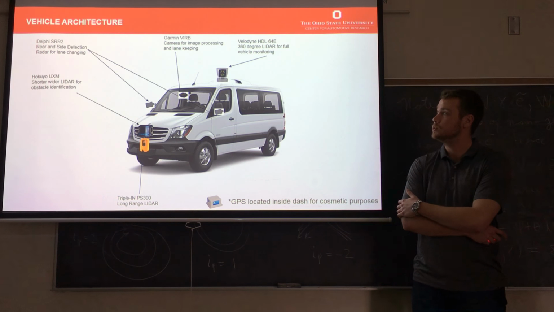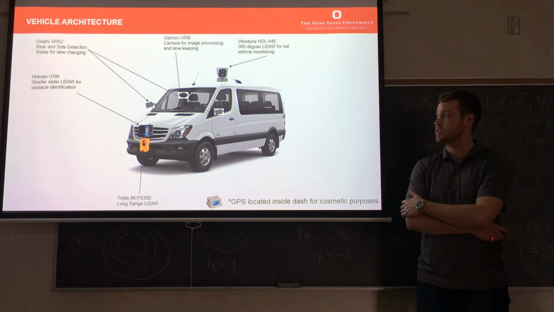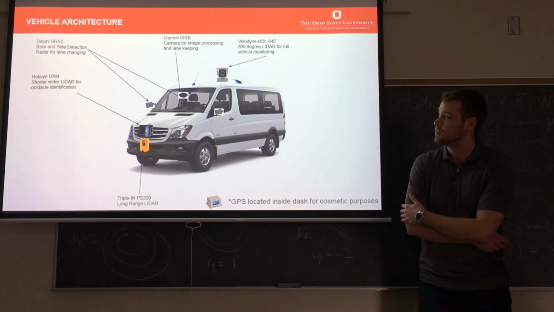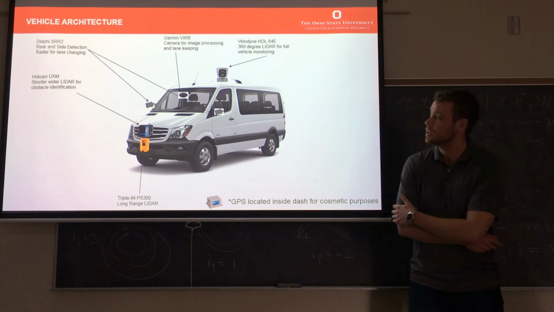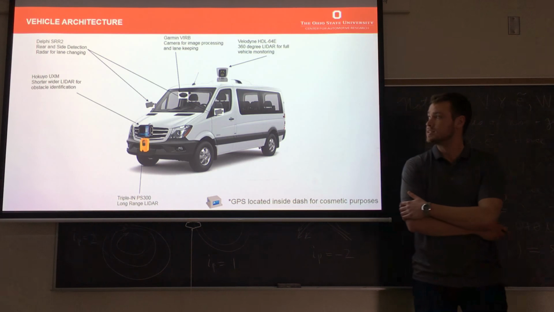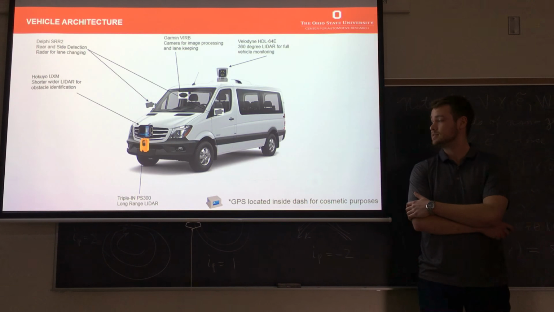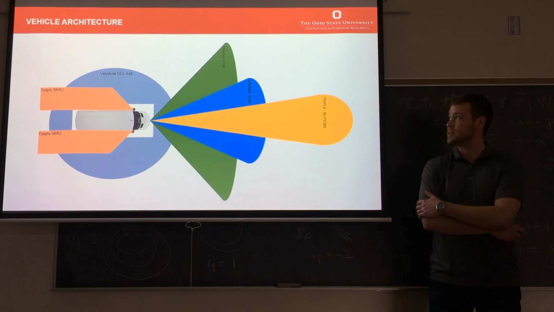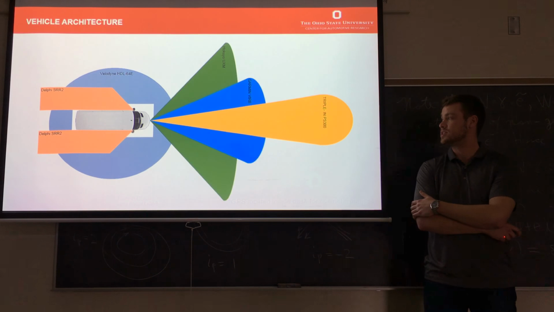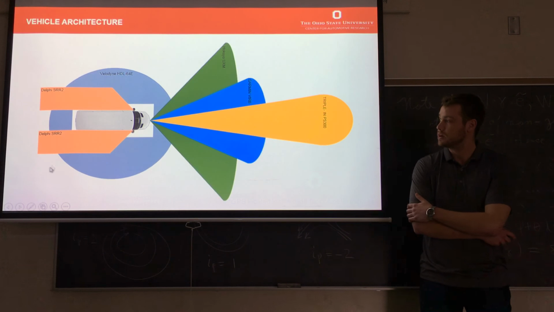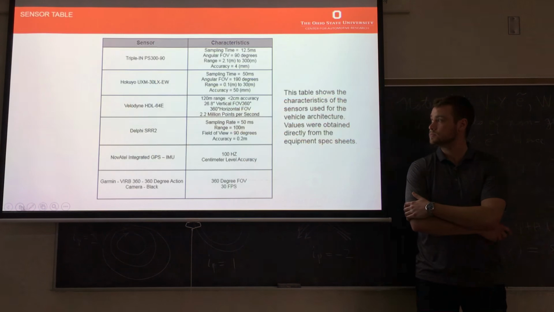We have two Delphi SRR2s for rear and side vehicle detection for lane changes. And then we also have a short-range LiDAR, the Hokuyo UXM LiDAR, for turning. So this is a sensor diagram that shows where each of the sensors would be. It shows where the side range LiDAR as well as the long range LiDAR are.